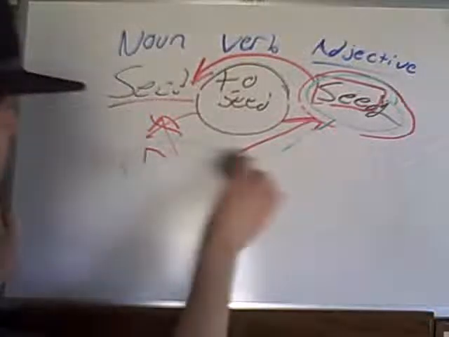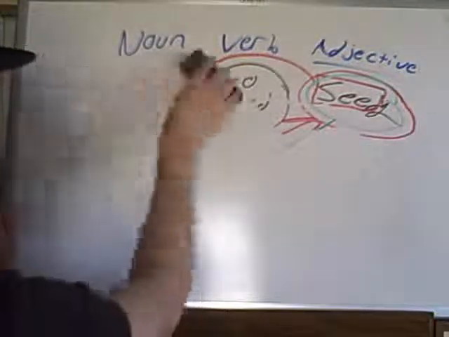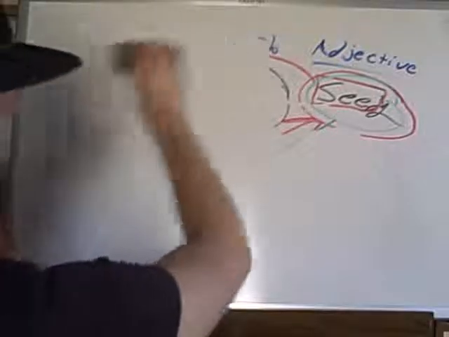Now, a lot of these words that we have discussed have stayed the same. They haven't changed at all. But there are some words that look different when they change forms.